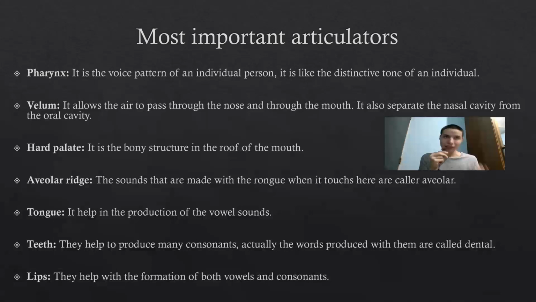The alveolar ridge is where sounds are made with the tongue when it touches what we call the alveolar. The tongue helps to produce the vowel sounds. The teeth help to produce many consonants, and the sounds that are pronounced with the teeth are called dental. The lips help with the formation of both vowels and consonants.